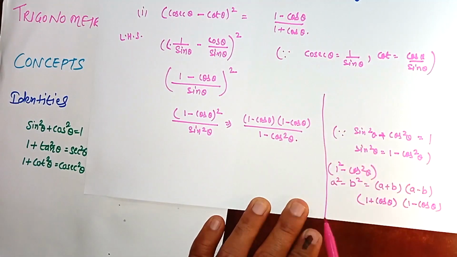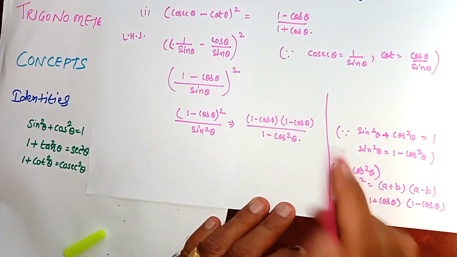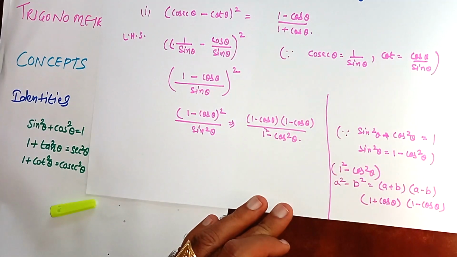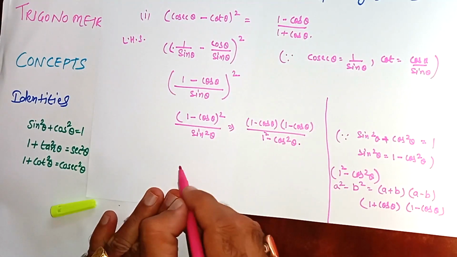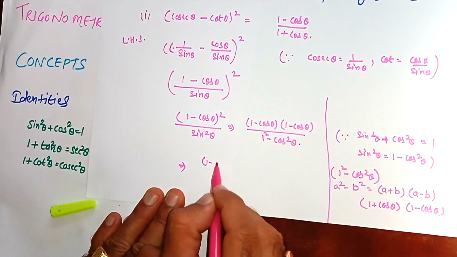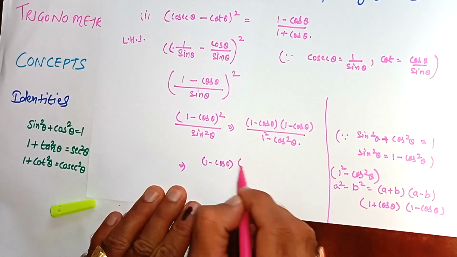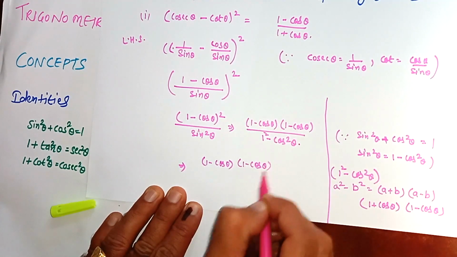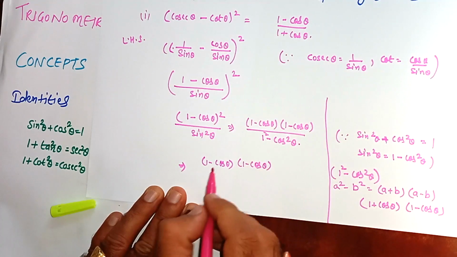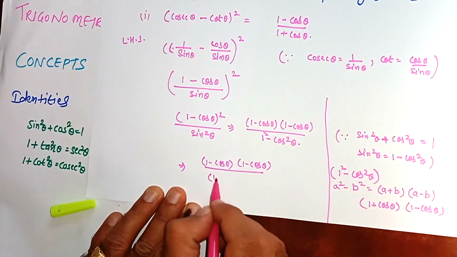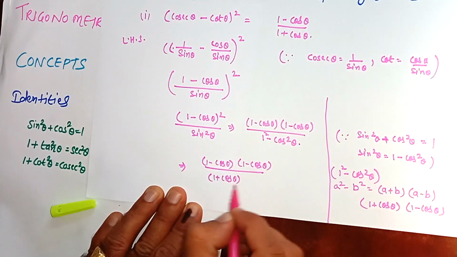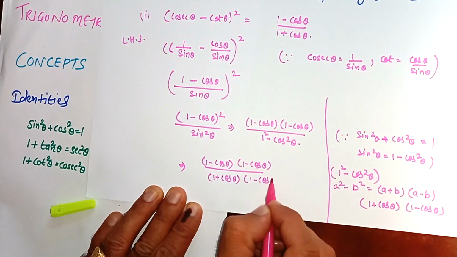Putting the square and putting the value here, it will become 1 minus cos theta, 1 minus cos theta, and 1 square minus cos square theta will become 1 plus cos theta and 1 minus cos theta.